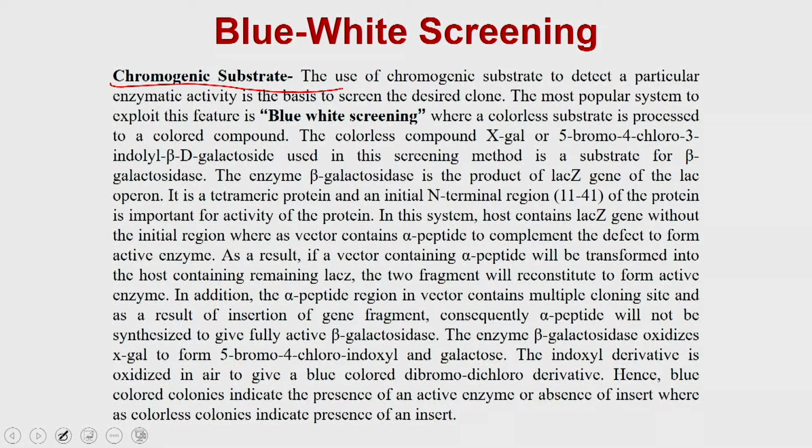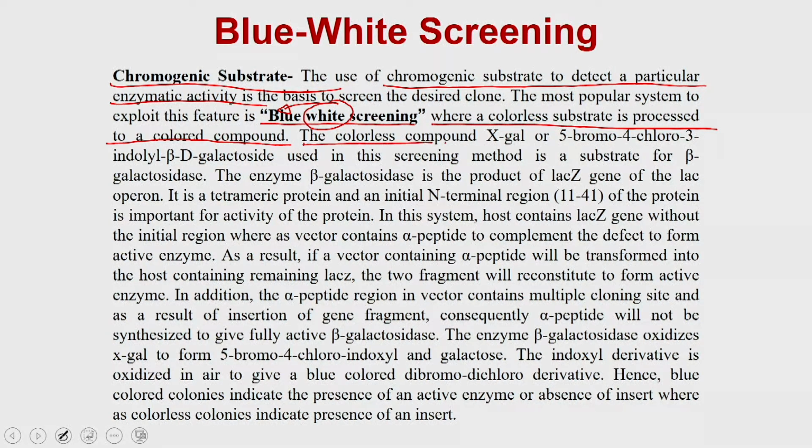One of the classical screening methods, which we have discussed in the past also, is called blue-white screening, where a chromogenic substrate is used to detect a particular enzyme activity, where a colorless substrate is processed into a colored compound, which means a white compound is converted into a blue compound.